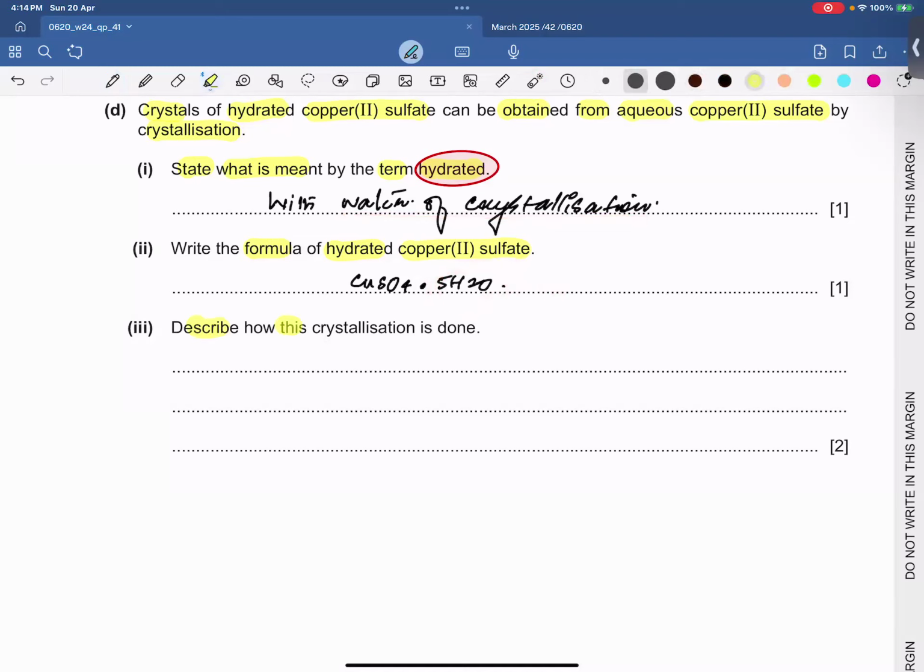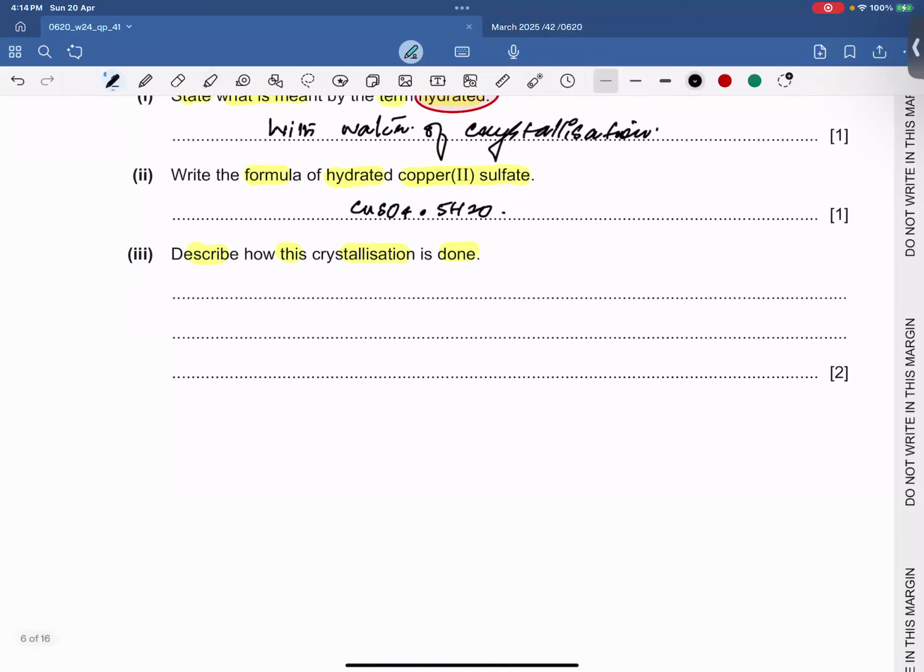Describe how this crystallization is done. We have done that as well in the class. So make a saturated solution by heating the mixture or by evaporating the water.